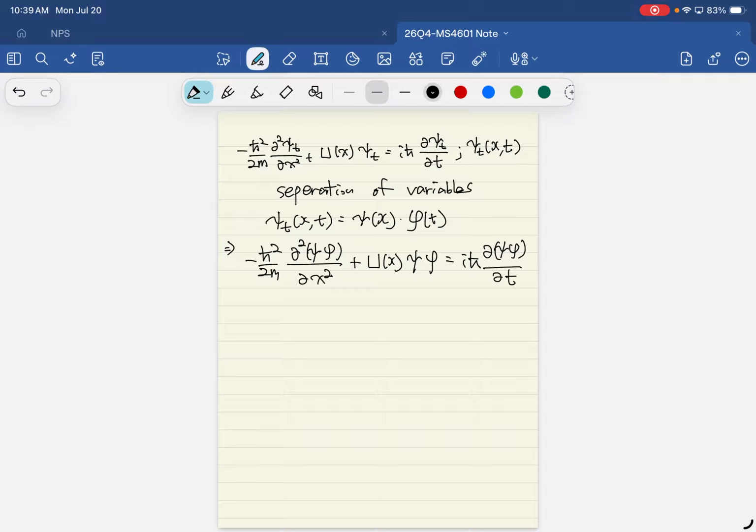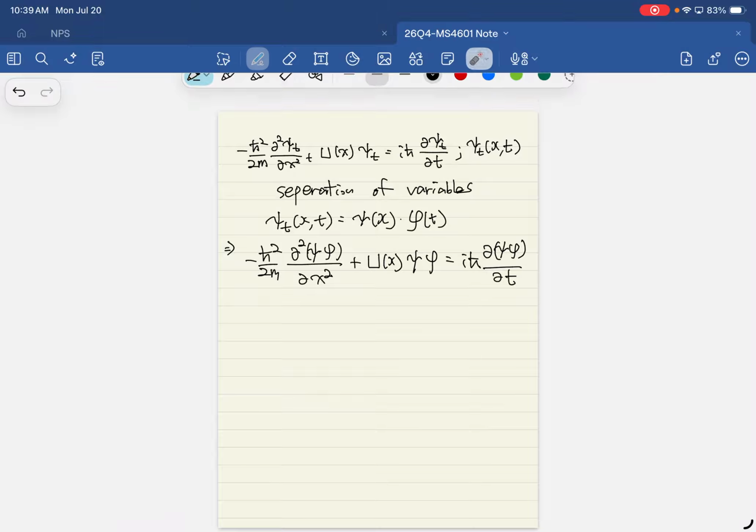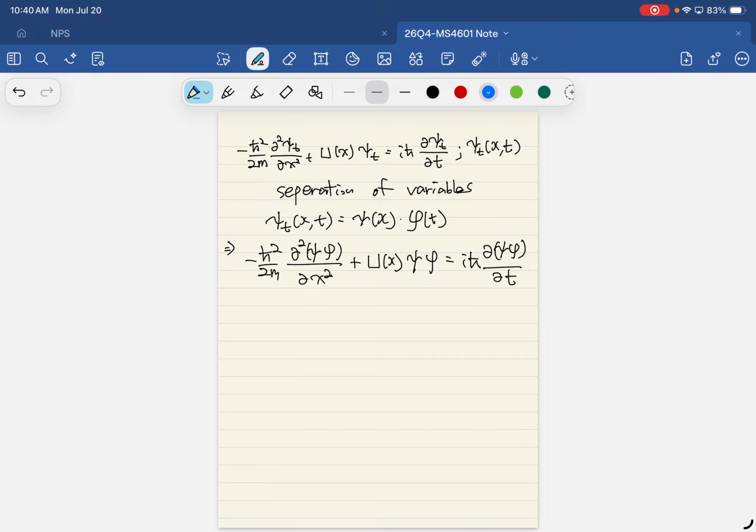Okay. So now, because we are using this expression, psi is only a function of x, and phi is a function of time, right? So what that means is that this phi is only a function of time, so it can actually come out of the derivative, because it does not depend on x, it's essentially constant.